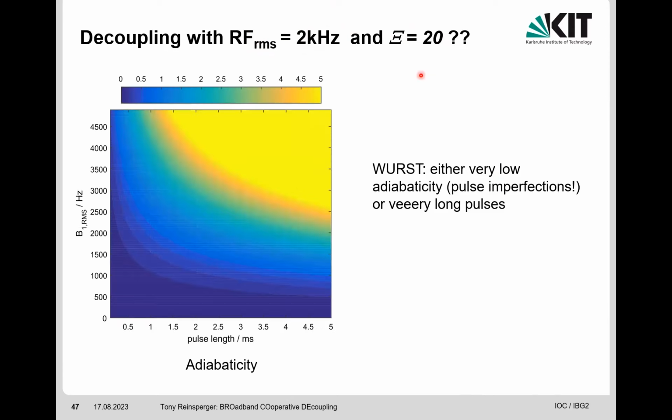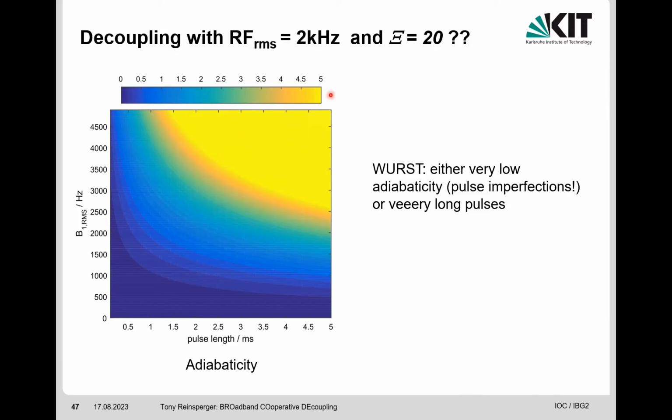Now, when we look here at adiabatic decoupling, there are certain factors. The pulse length can increase, and if we have a longer pulse, then of course we can invert a larger bandwidth. On the other hand, with a larger pulse length, we can decrease the root mean square B1 energy. We also show here in color code the adiabaticity factor.